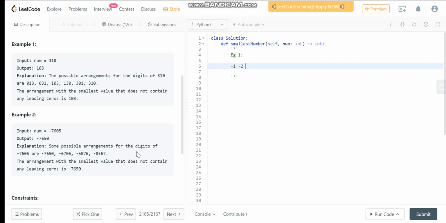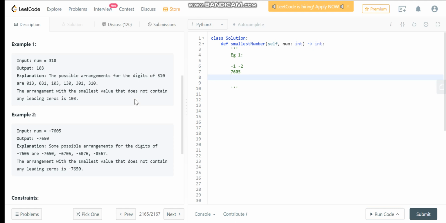So in case of a negative number, let's take this example 7605. So what are the possible combinations? They are 7650, 6705, 5076, and one starting with 0 as well.